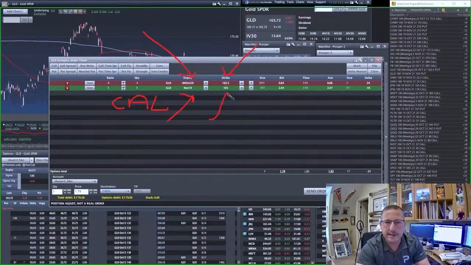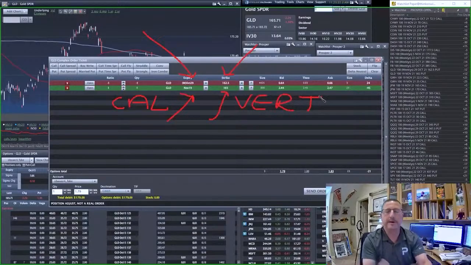And we bought the 165 put. That gives us our vertical. So we have a combination of a calendar spread and a vertical spread, which gives us direction to the downside and buys us time.